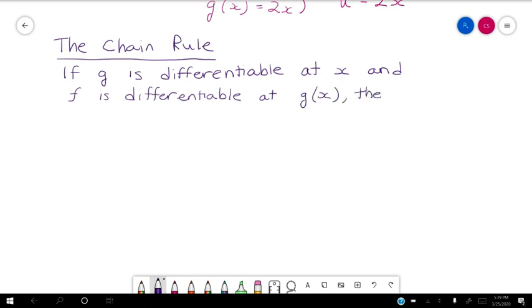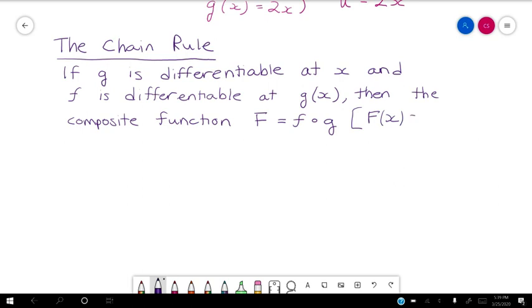Then the composite function, and I'll use capital F for that, we can notate it like this, F open circle g, or if you don't want to get heavy on the notation, you can write it out in terms of inside and outside functions.